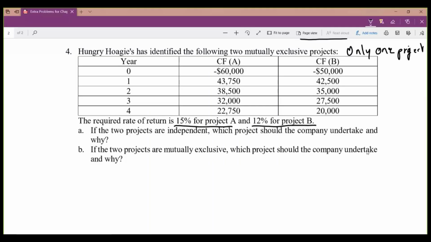However, as you can see in this case, I may face such decisions where I need to choose between 2 different projects and where the discount rate used is different across the 2 projects. This simply means that project A is more risky relative to project B, because the higher the risk of the project, the higher the discount rate.